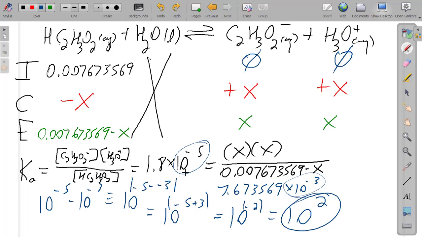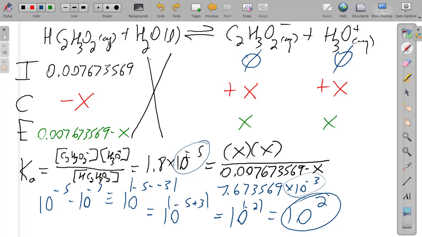Again, this might look strange at first, but it's deceptively easy, and it saves you from having to do a quadratic. Because by all means, if you want to do the quadratic, there is nothing stopping you from setting this up and doing a quadratic for it. But if you want to save a little bit of work, you do this test. The initial concentration value that you have, put it in exponential notation if it's not already, and compare that exponent to the exponent of the Ka value, or Kb, depending on what you're solving, but the K value nonetheless.